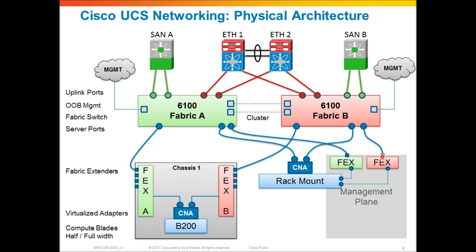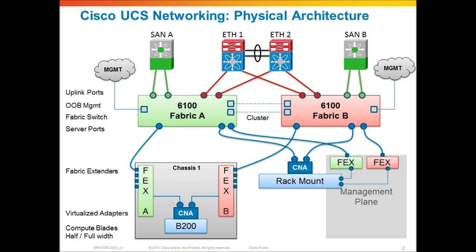So I would take the uplink of the 2248 fabric extender and link that to the Fabric Interconnect as well, and define that as a server port. So what I've done here is I've created a management plane for up to 48 rack mount servers, because I've got 48 1 gig links on these 2248s.